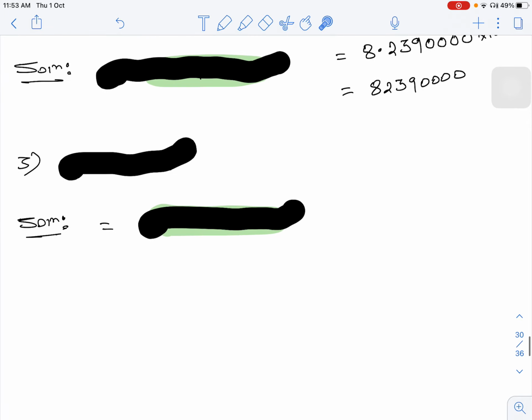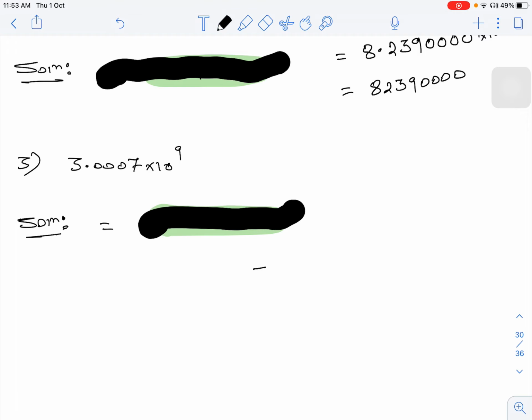Let us consider one more example. Our next example is 3.0007. Now remember these zeros: after these zeros a digit is there, which means we have to consider this one. Now 10 raised to 9 means the decimal should be present at the end of the number, and we have to move 9 digits to the right. So let us write that number.